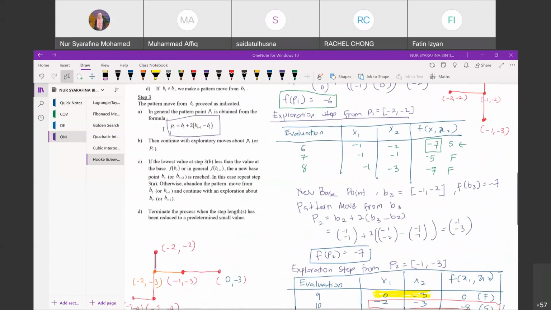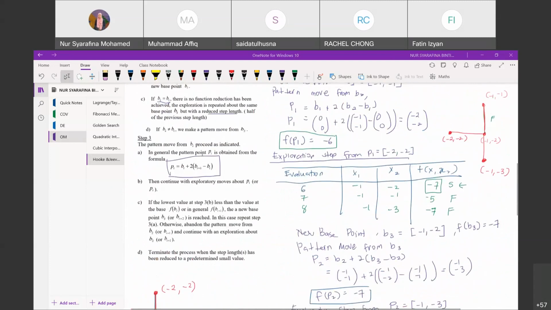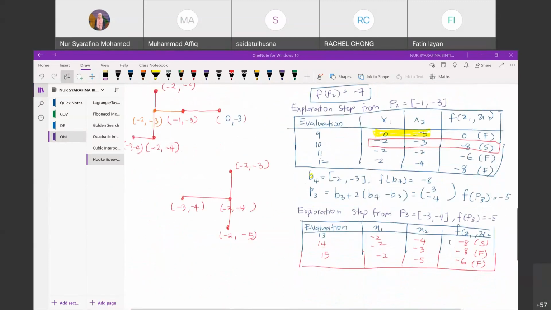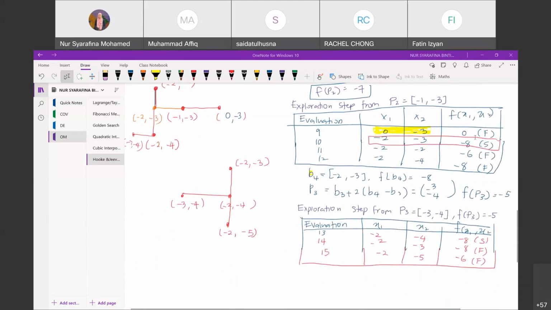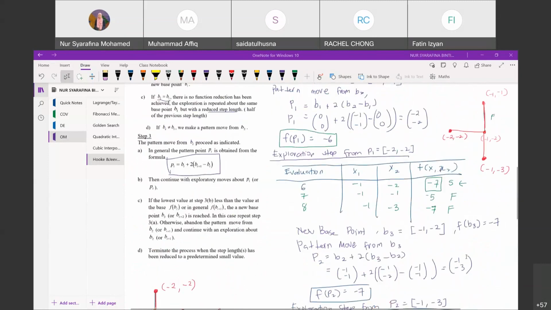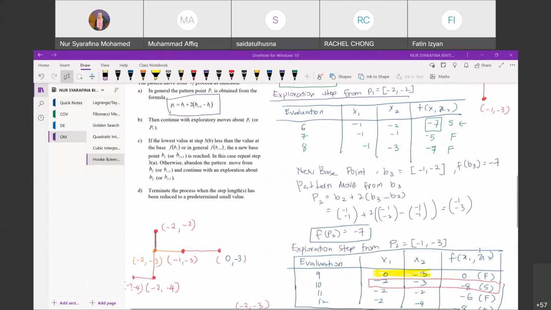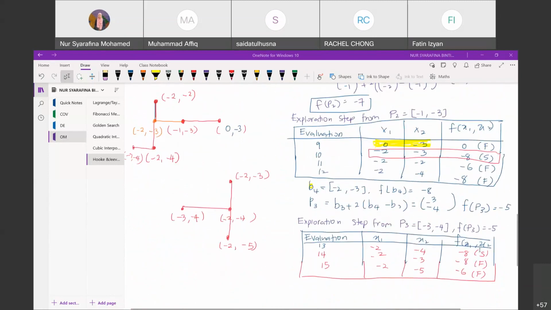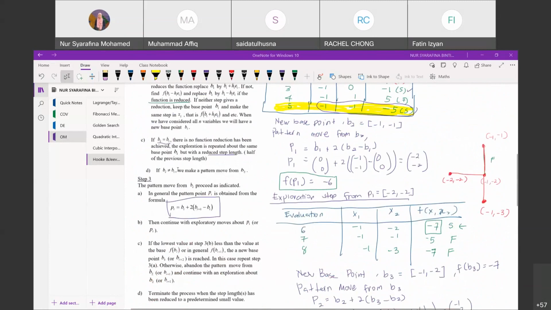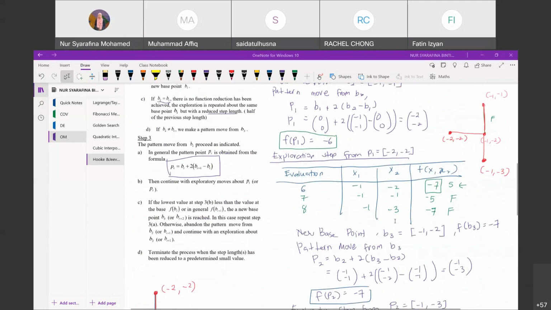But the value is the same. -8 and -8. Even though B4 is not equal to B3, FB4 equals FB3. So we need to reduce our step length.